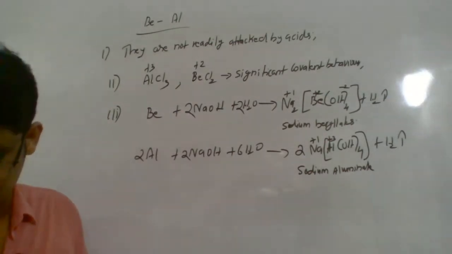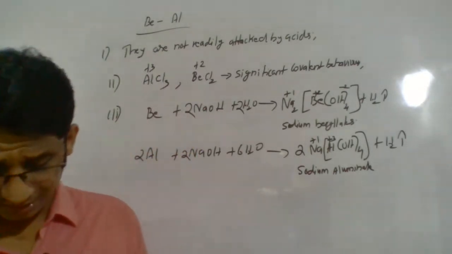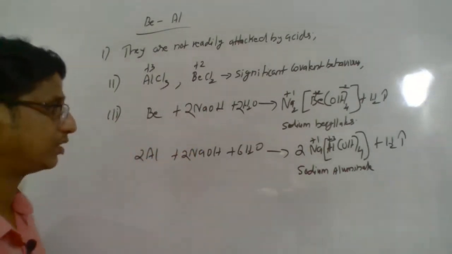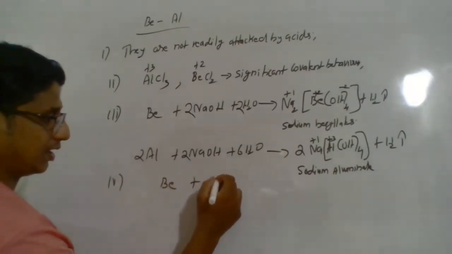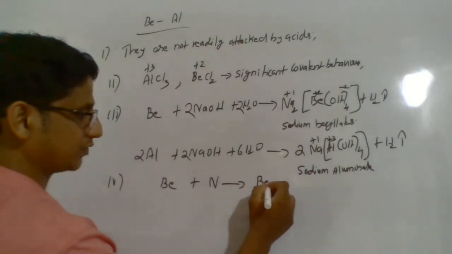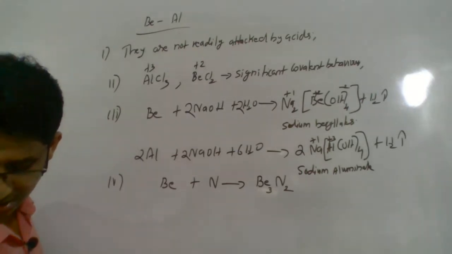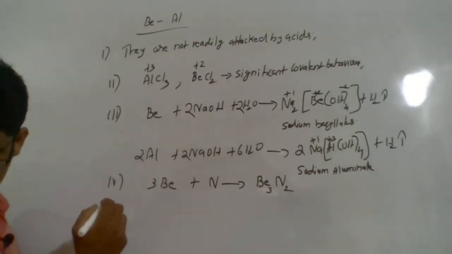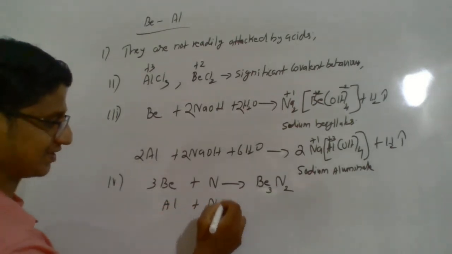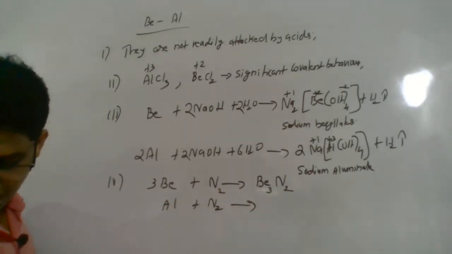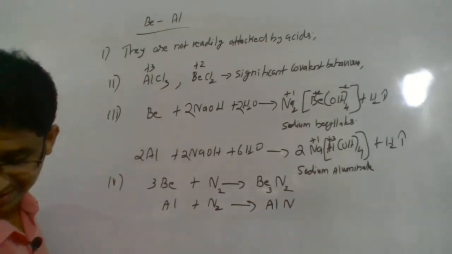Beryllium and aluminium combine with nitrogen to form the corresponding nitrides. This is something we saw in lithium and magnesium as well. Both form nitrides: Be3N2, and similarly aluminium combined with nitrogen, N2, since nitrogen is stable as diatomic, forms AlN, aluminium nitride.